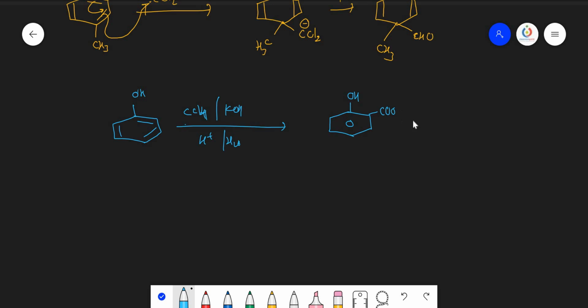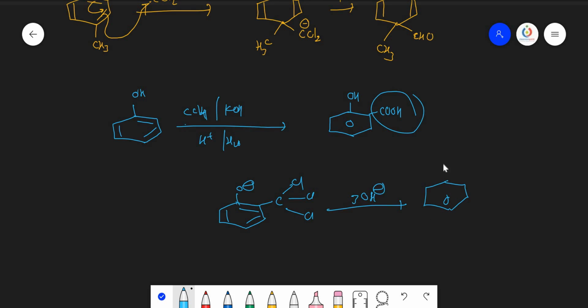OH, COH. This COH comes because we get this phenoxide ion and carbon with three chlorines. All the three chlorines are to be replaced by three OH minus groups. So we shall get OH minus and carbon with OH, OH, OH. Three OH groups are there.